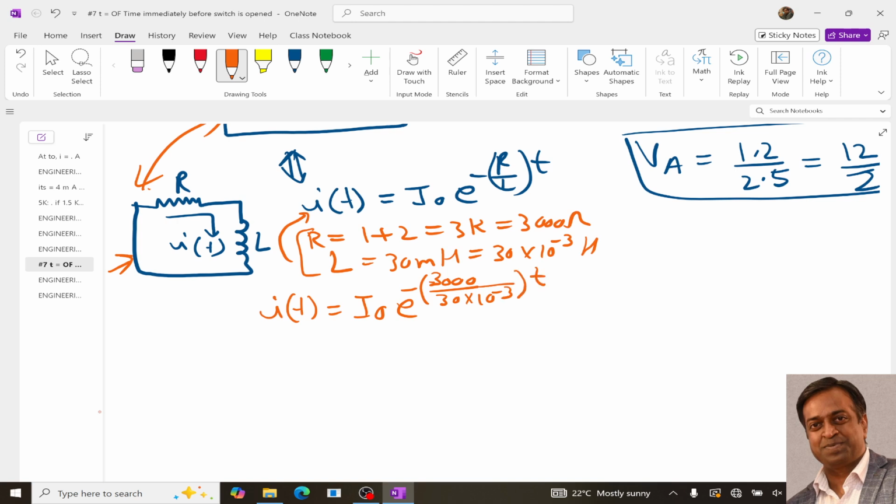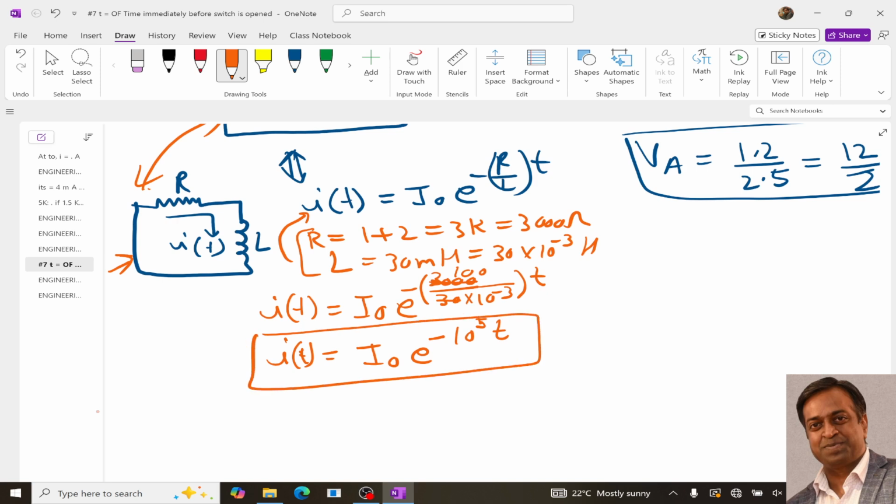We can rewrite this as I naught e power minus, so this and this cancel, it is 100, so it is 10 power 5 t. So our IT is given as this.